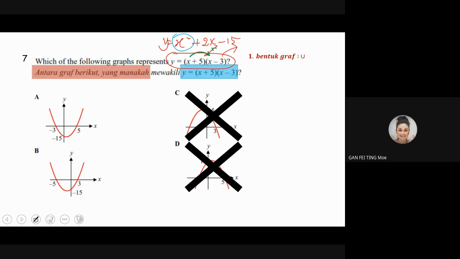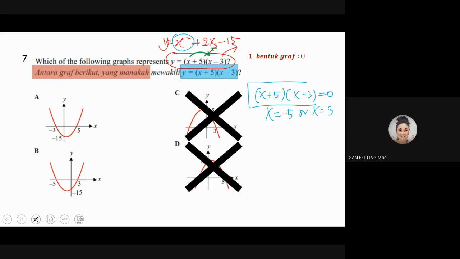B, your answer is B. Yes, very good. Remember, every time you press your calculator for the quadratic, it tells you, for example, x equals -5, or x equals 3. So when you substitute back, it will be x plus 5, then x minus 3 equals 0.